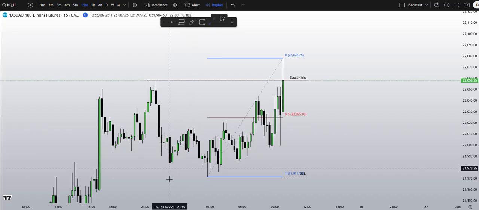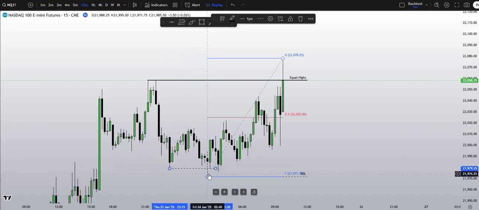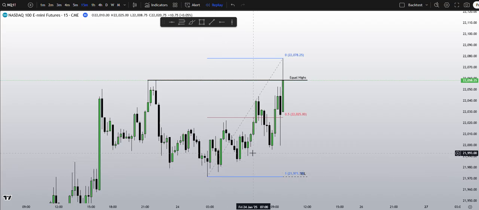Here, the low right here swept this liquidity. This low didn't sweep liquidity, this low didn't sweep liquidity, this low didn't, and this low did not either. So we're in a low resistance liquidity mode. This means that this is the low of the dealing range.